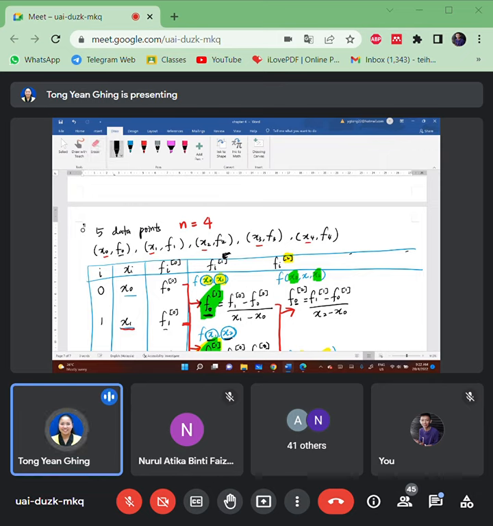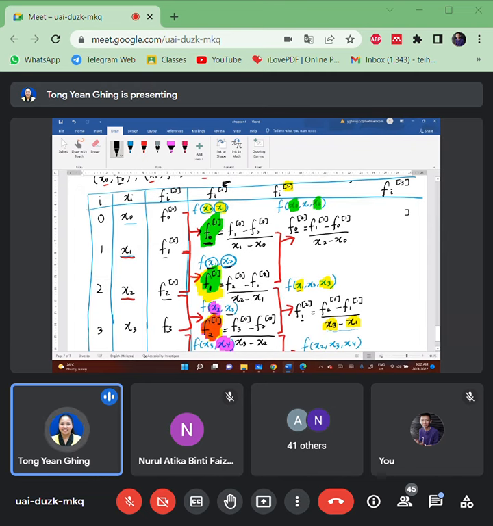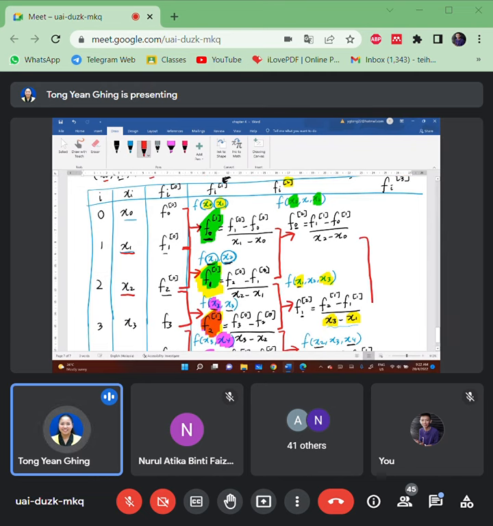Here, this one first: the third divided difference. For the third divided difference, we have to consider these two.